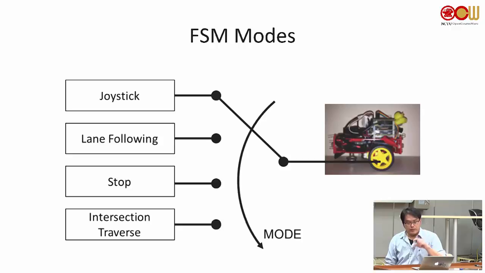But remember that, for example, in the lane following launch, all other nodes are still running. The switch just doesn't accept their car command. So you can easily switch between different behaviors.